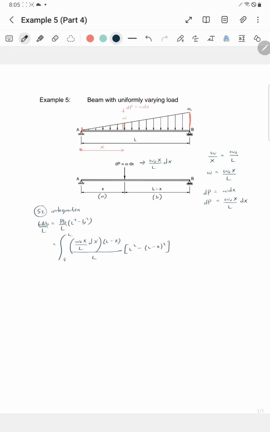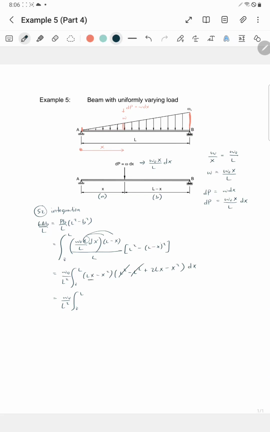Integrate limits from 0 to L. Simplify. So distribute natin yung x dito. So magiging Lx minus x square. Then simplify ito. So L square minus L square, then plus 2Lx minus x square. So cancel. Then simplify further.